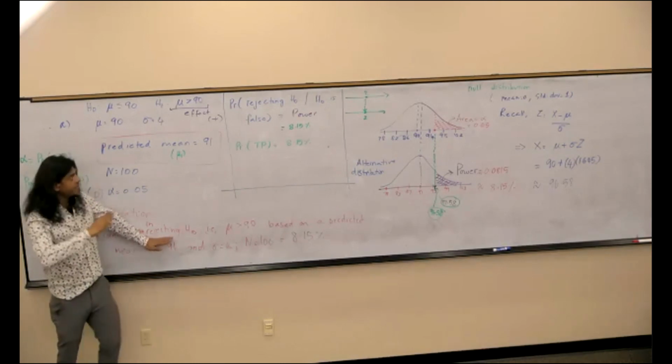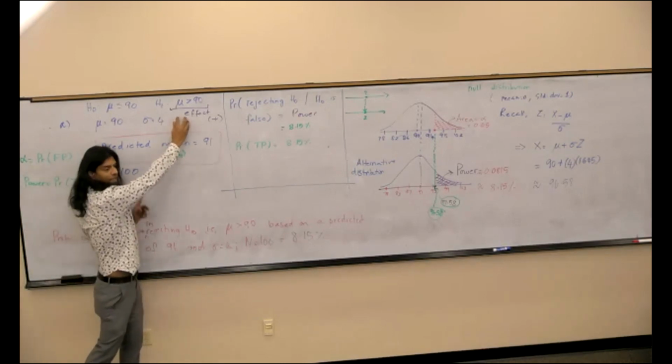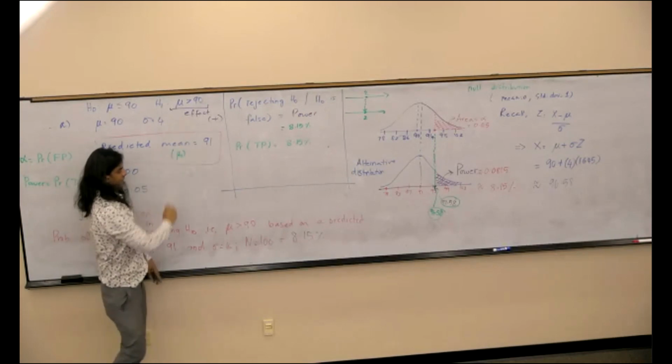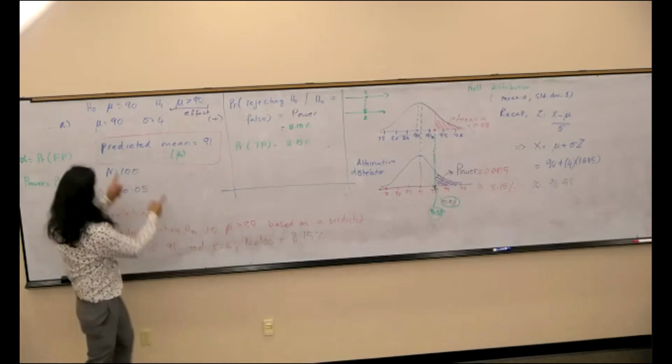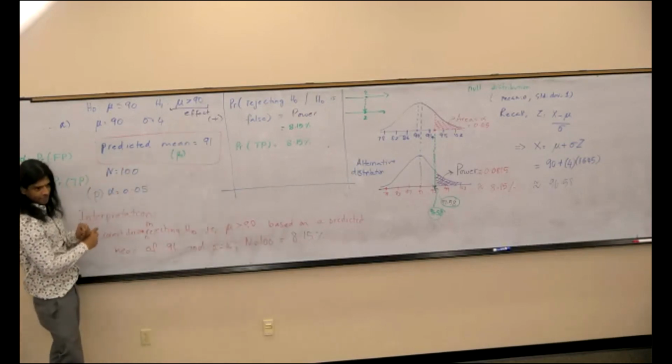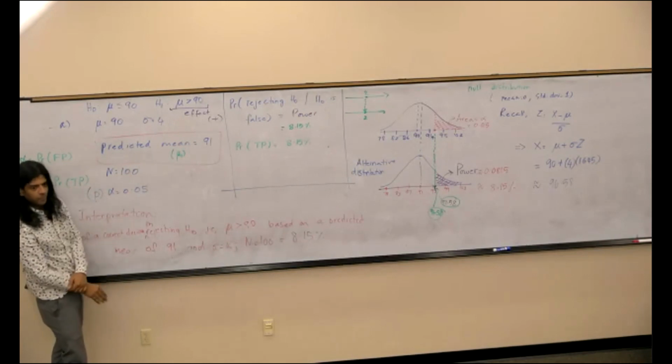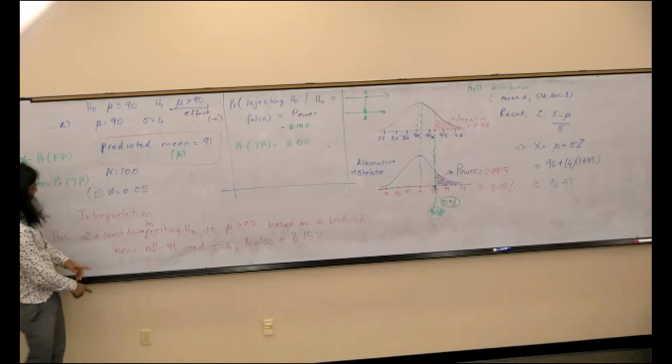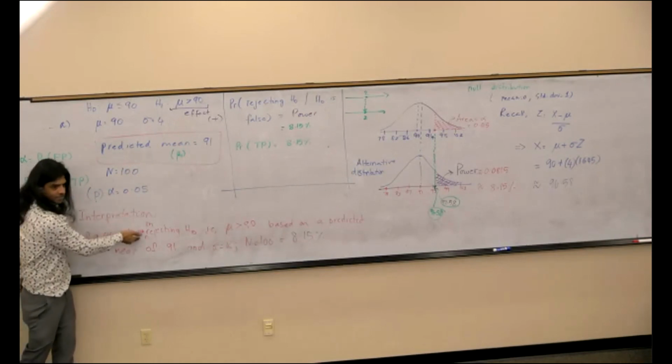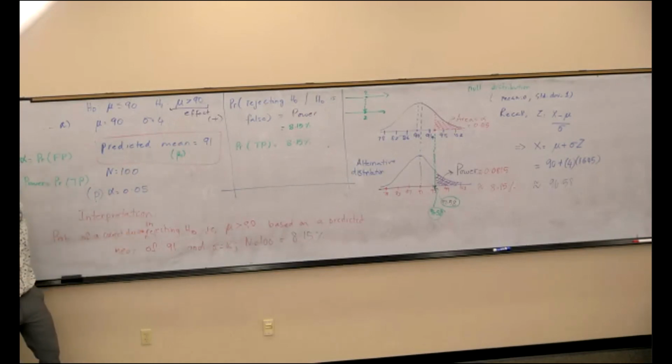The probability of concluding that you have a true positive based on the evidence that you have is 8.15%. Keywords here: correct decision in rejecting the null.